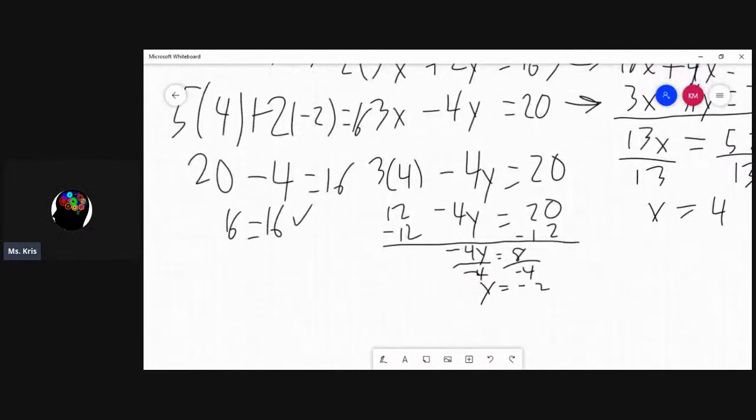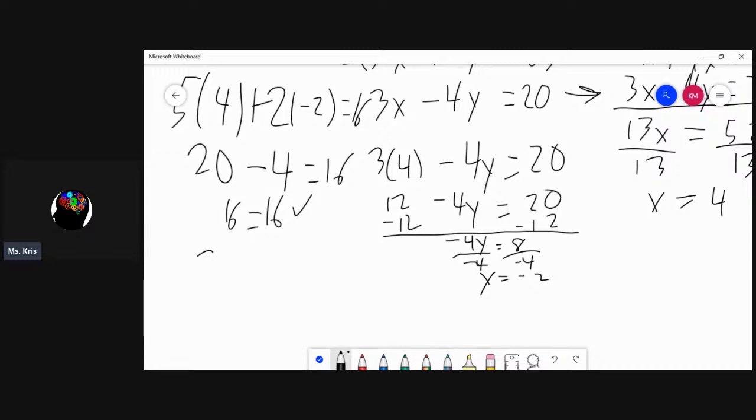Then, of course, you have 3 times 4 plus, no, not plus, undo that, minus 4 times a negative 2, and that equals 20. 3 times 4, that's 12, minus 4 times a negative 2, that gives me a plus 8, because negative makes positive, plus 4 times 2, 8, equals 20.